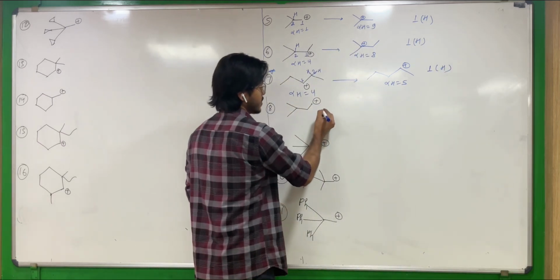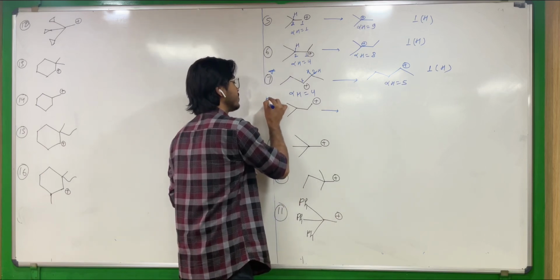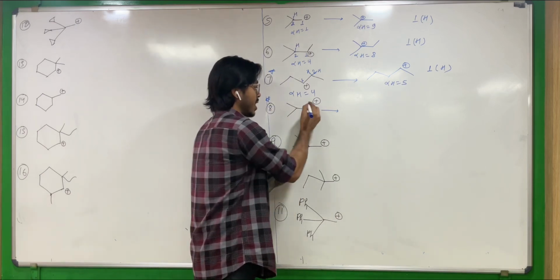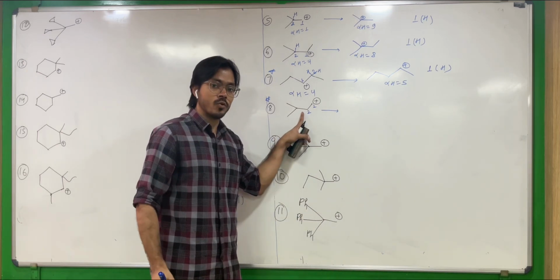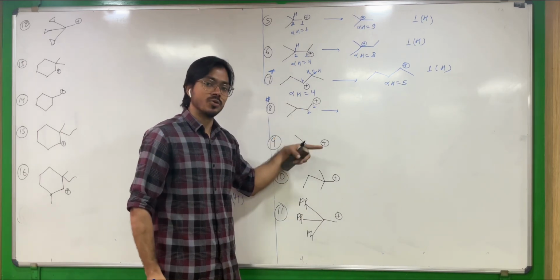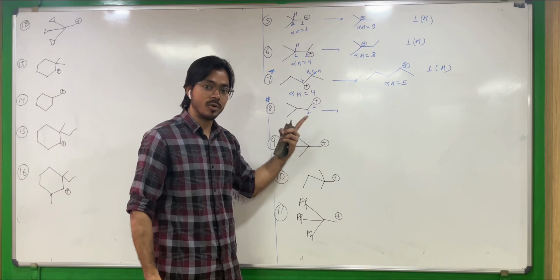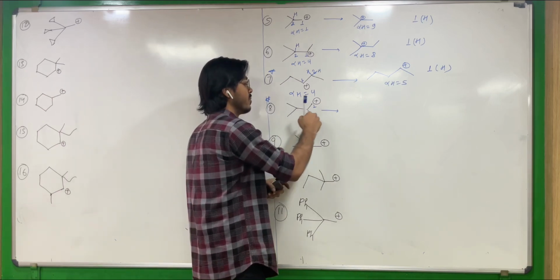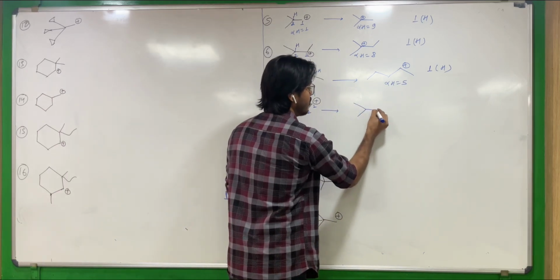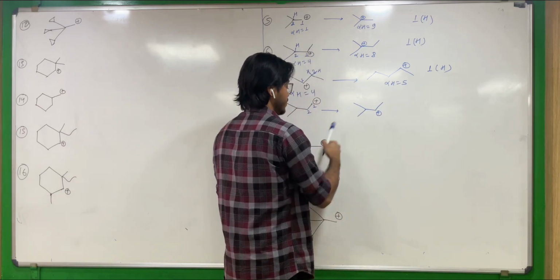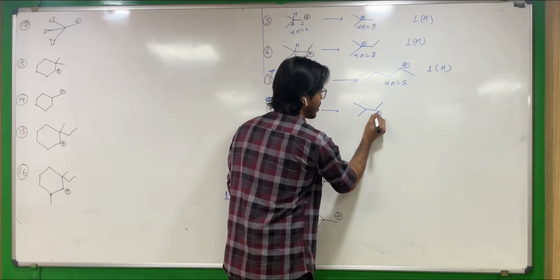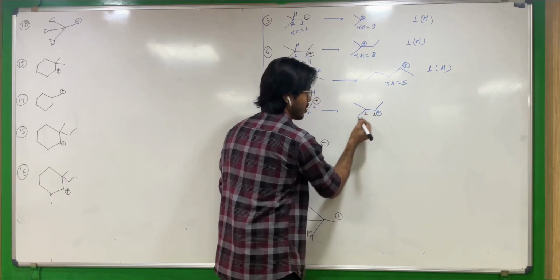Now if we see, this is also a good example. If this is carbon number 1 and this is carbon number 2, on this carbon 2 hydrogens and this large group are present. Hydrogen has more migratory aptitude, so hydrogen will migrate and the carbocation formed will be this. Now this one becomes carbon number 1 and this one becomes carbon number 2.